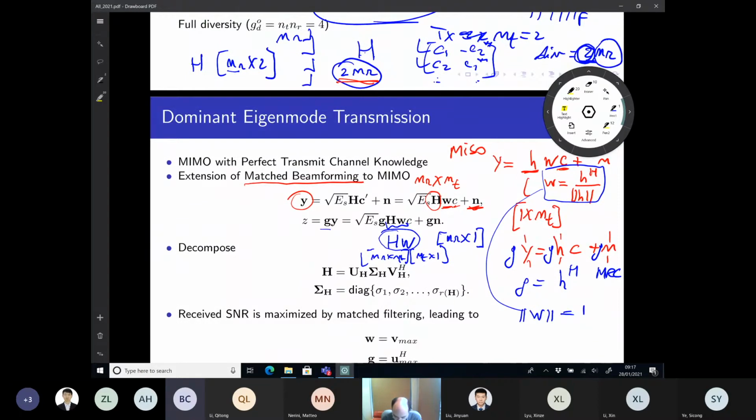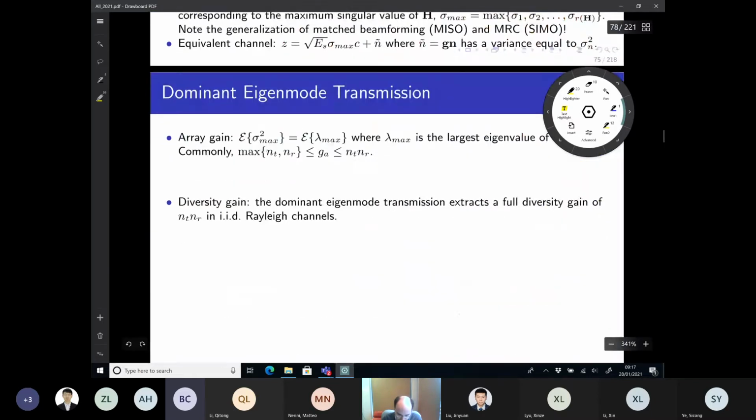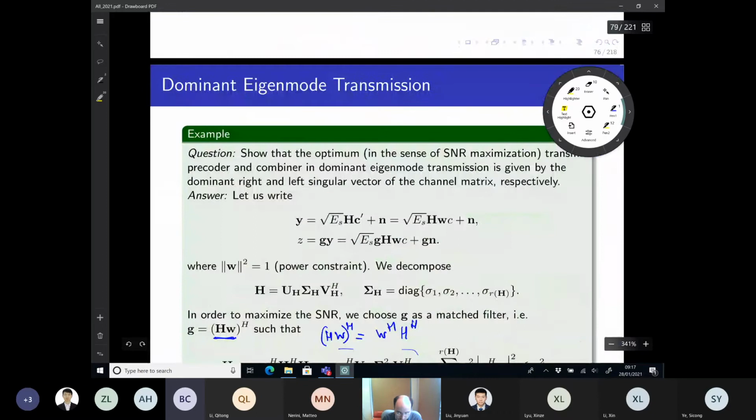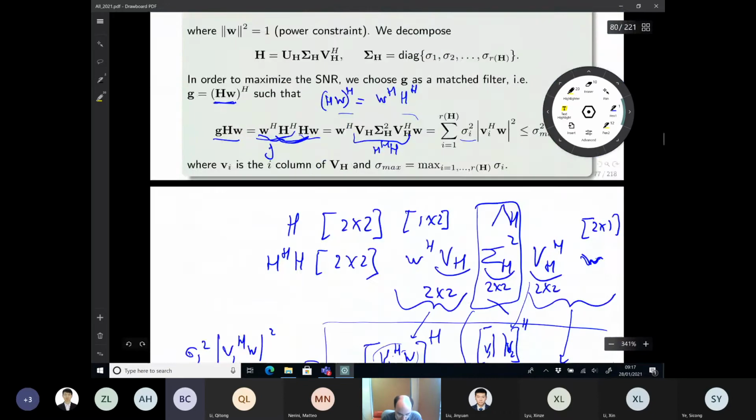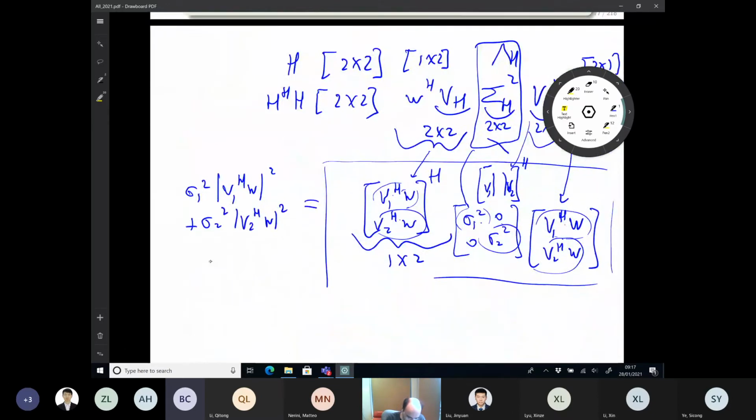I always normalize W so that it is equal to 1, because I need to maintain a certain average power constraint at the transmitter. So that means my precoder here, my W here, has a unit norm equal to 1. Square or not square here does not change anything, it is equal to 1.